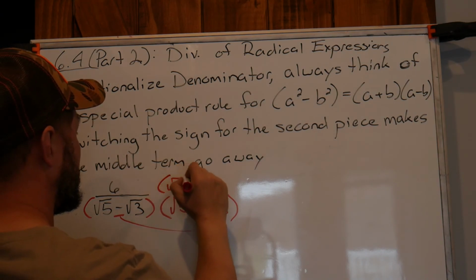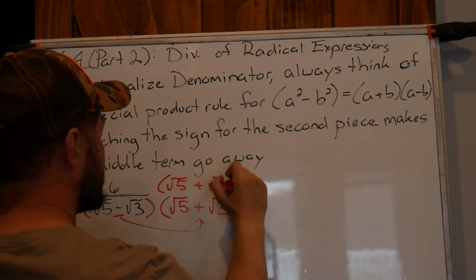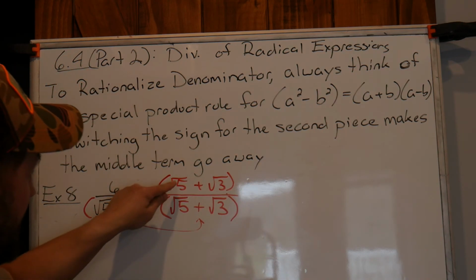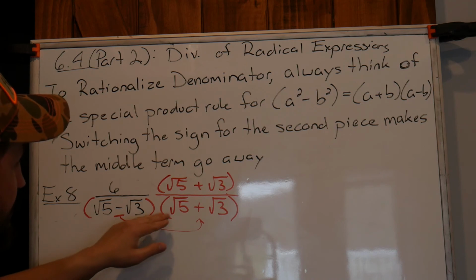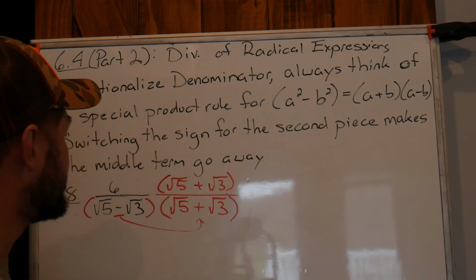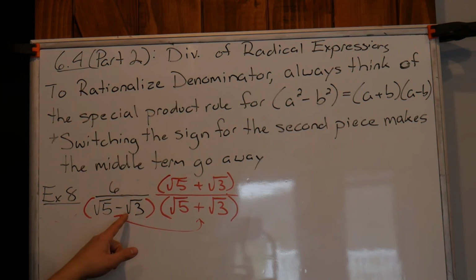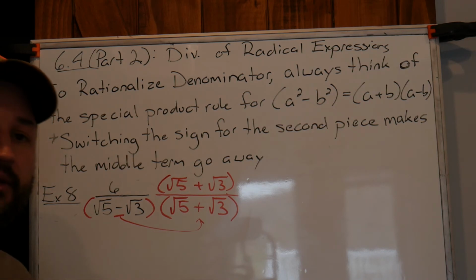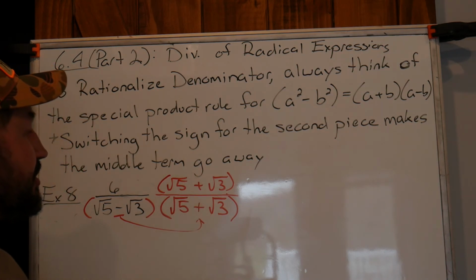The key now is I like going this route, just writing it above. Then I make sure everything adds up. Whatever I do to the bottom, I do to the top. Same as any fraction rule when we're trying to combine fractions. When we're trying to make an equivalent fraction, we multiply to get the LCD. Whatever we multiplied the denominator by, we multiply the numerator by.